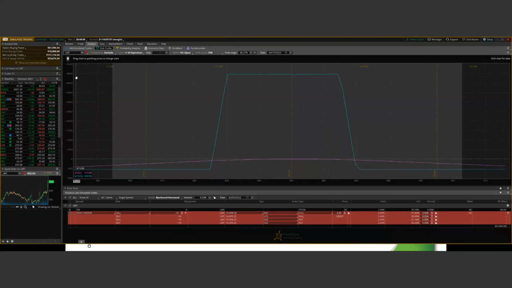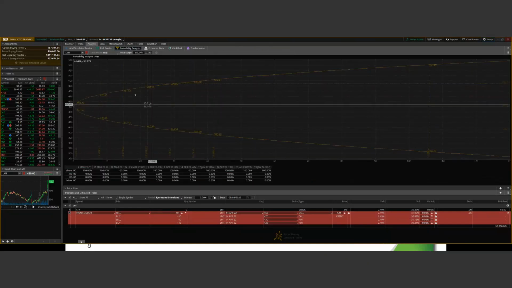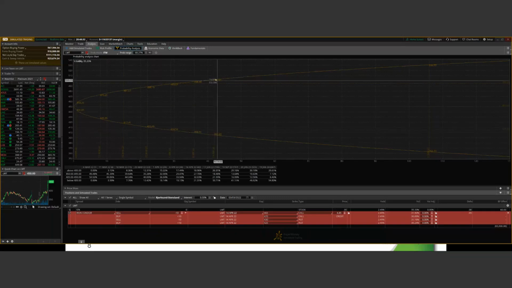So this is one way to look at it in a live example. And then here, if you look at the probability analysis, this is what they are probably talking about on 415. You say that, hey, there is a 15% probability here and 15% probability here, and that's why they are saying 15 plus 15, 30%, and you have a very good chance, in the range of 70% probability of winning.